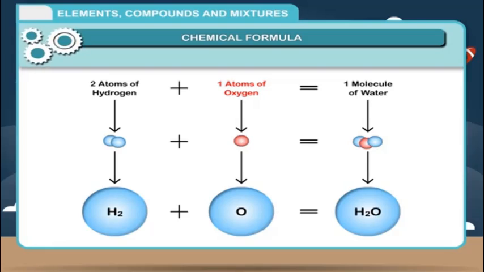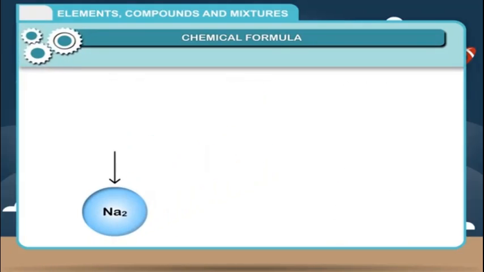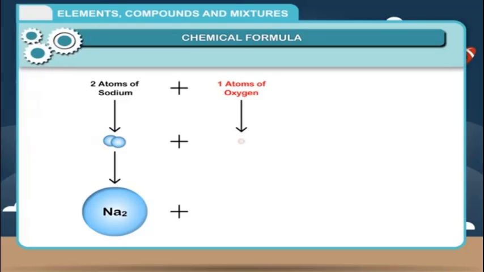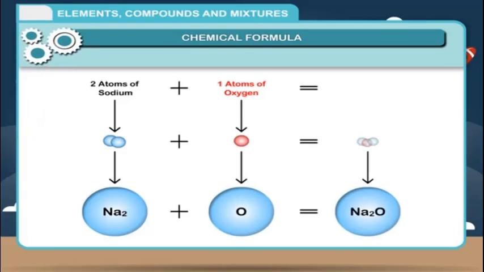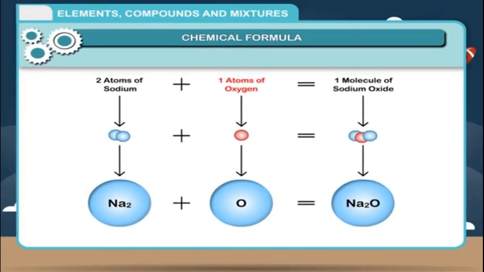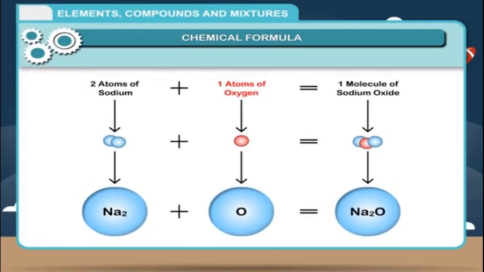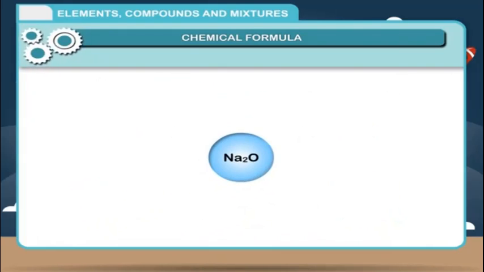The number of atoms of each element are written as a subscript at the right-hand corner of their symbol. For example, sodium oxide contains two atoms of sodium and one atom of oxygen. Sodium is a metal. Its symbol is Na, while oxygen is a non-metal and its symbol is O. Formula will be written as Na2O.